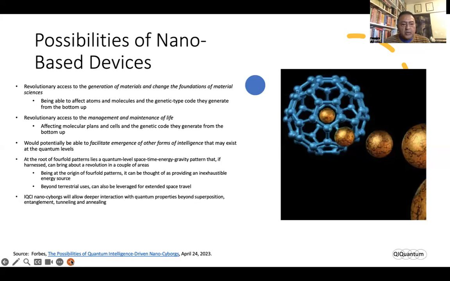So what I call these IQCI nanocyborgs, which is the integrated quantum computing intelligence nanocyborgs, cyborg because it's organic and also it's mechatronic. These kinds of nano-based devices will allow deeper interaction with quantum properties beyond superposition, entanglement, tunneling, and annealing, which are the known quantum mechanical properties at the moment.